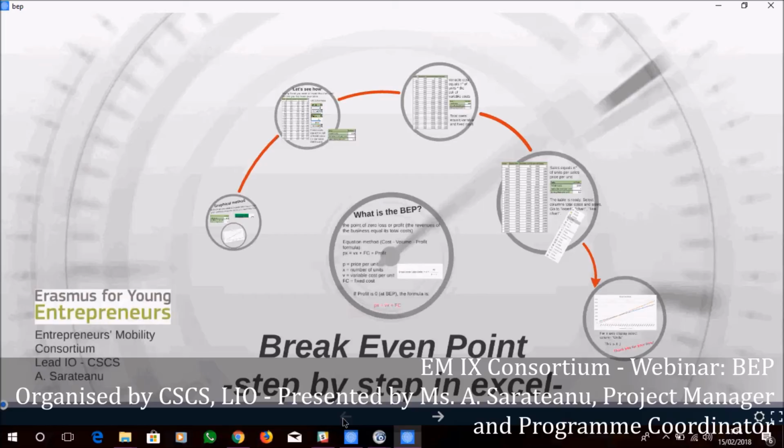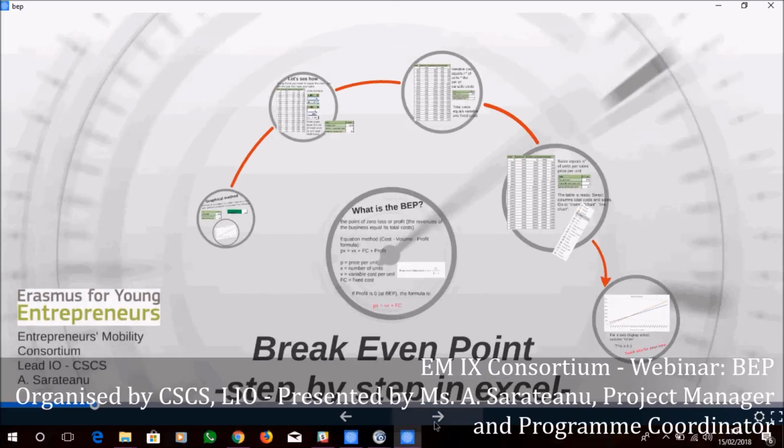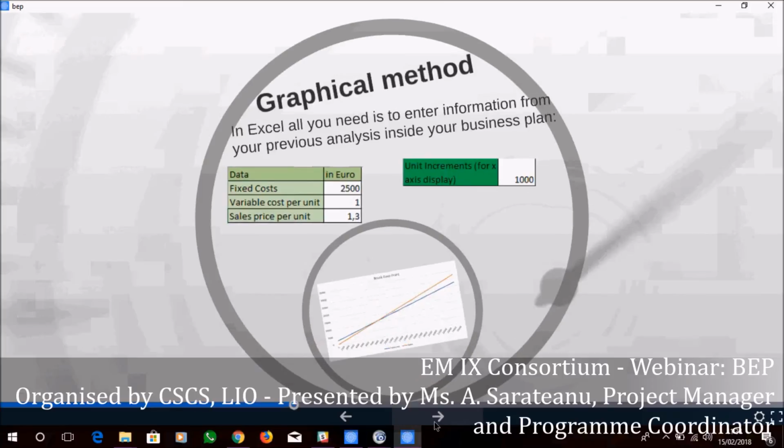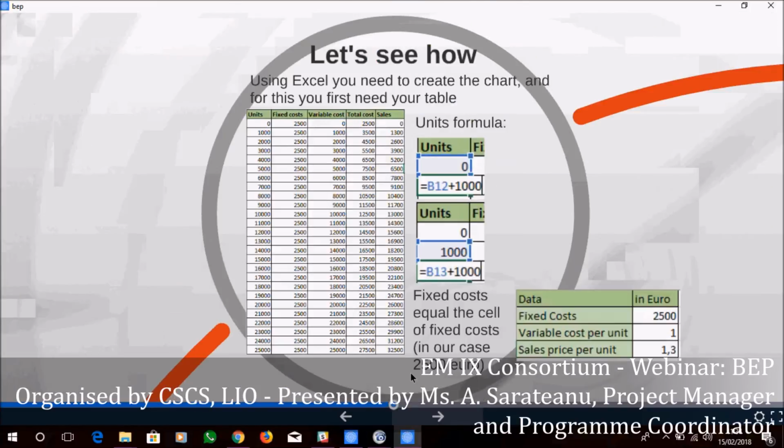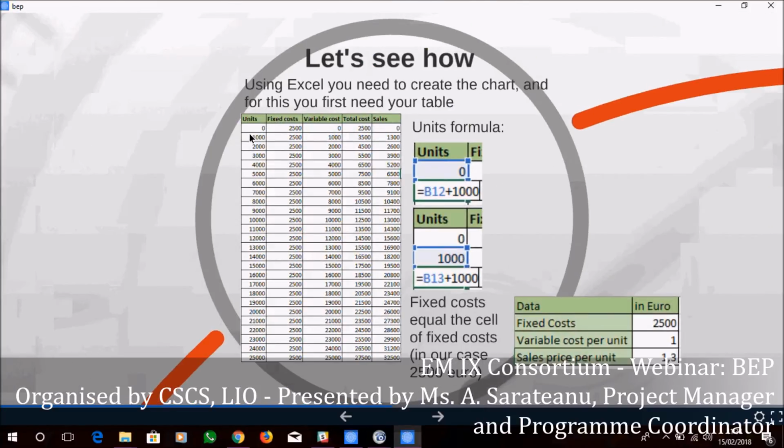And it is no longer a matter of linear progression, as you can see here in the table, which goes from 1,000 to 1,000, because you're not producing only, I don't know, shoes, but a range of services which have different prices, and you can assume that you will sell a certain amount of each of those services. So everything becomes more complicated than the units and the sales that we have in our chart.